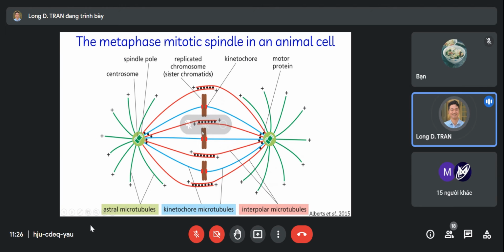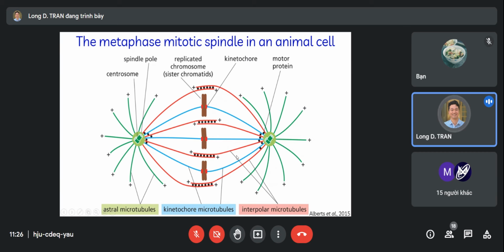Then we have the kinetochore microtubule, which are microtubules attached to the kinetochore on the chromosome, and these are the microtubules directly involved in separation of the chromosome.